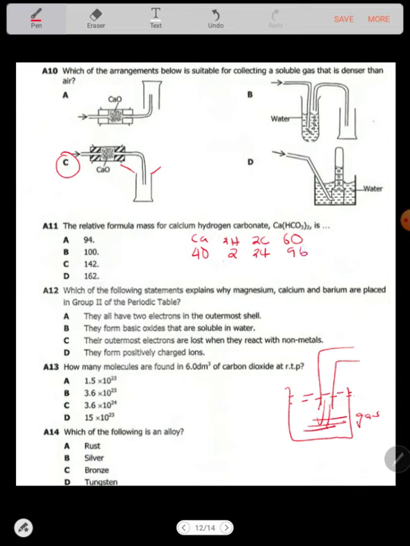Now we need to add those: 96 plus 24, plus 2, plus 40. And it's true, we found our answer to be 162.